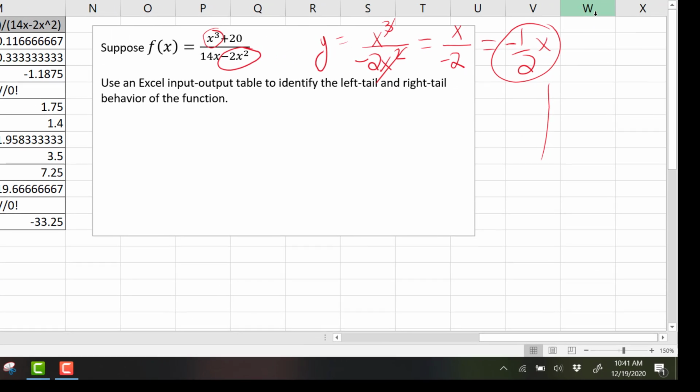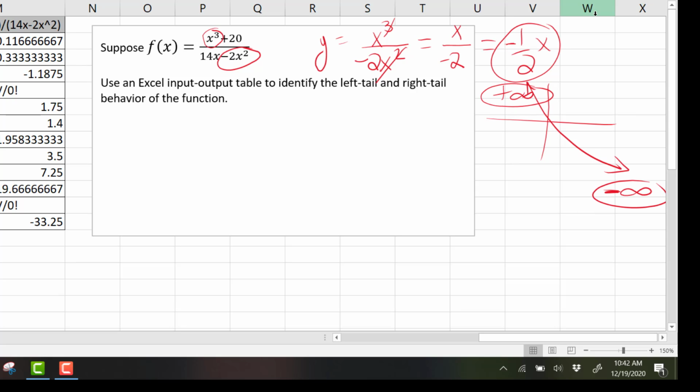What does that function negative 1/2 x look like? It's a line, so it looks like this. It's a straight line going downward. On the right tail, it diverges to negative infinity. And on the left tail, it shoots up to positive infinity. That is the tail behavior we should expect to see.